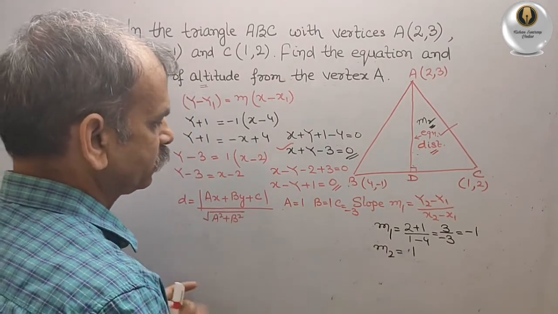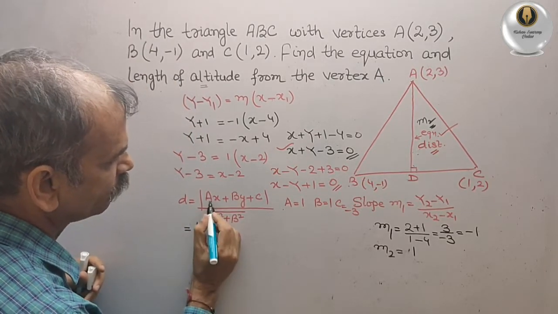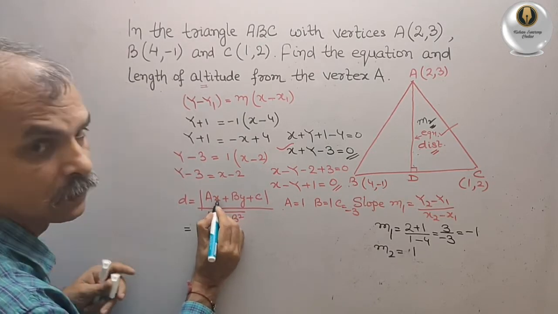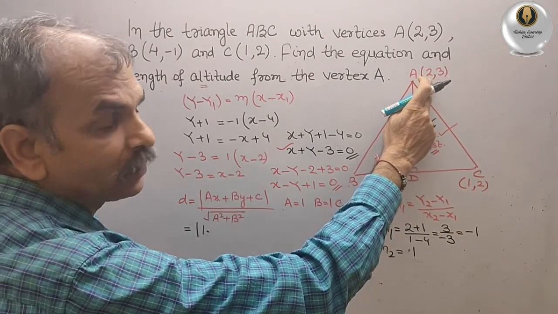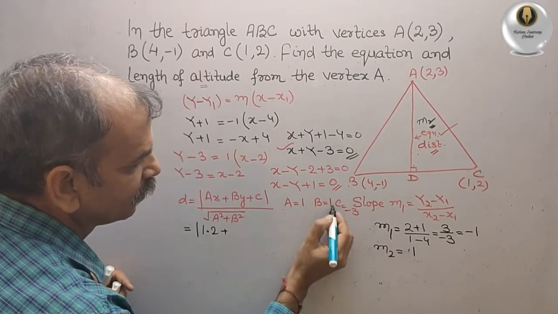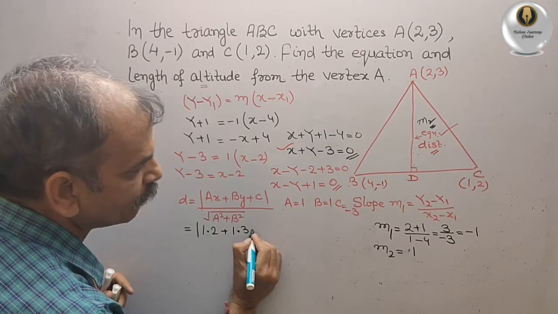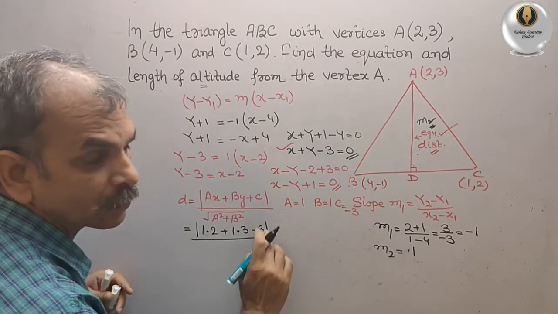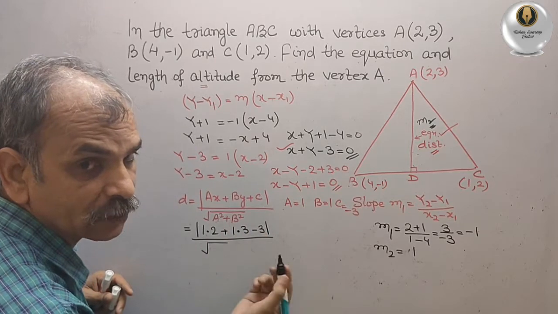Substitute these values here. We will get modulus of 1 into x. What is your x? X is 2 now. We know the point. So 1 into 2 plus 1 into 3 and minus 3, by root over A square plus B square, that means root over 1 square plus 1 square, which is 2.